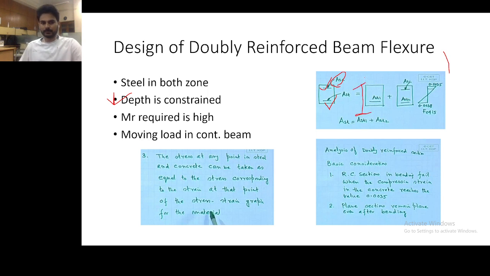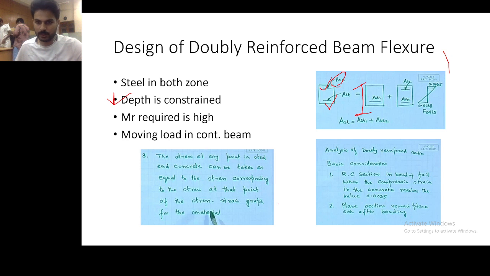If we can't increase this depth beyond some limit, for example, from the architectural point of view, and there is a constraint in the depth and we can't increase it much, then we have to go with whatever depth is allowed. So in that case, we can design the beam as a doubly reinforced beam, where the steel is in the tension zone and in the compression zone also.